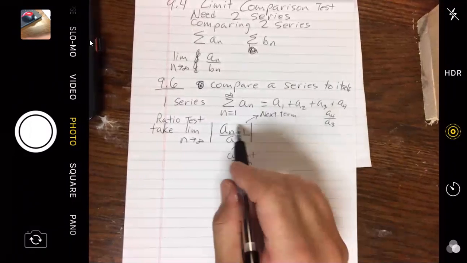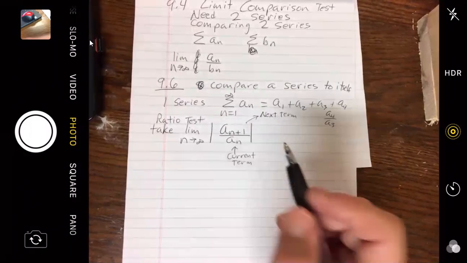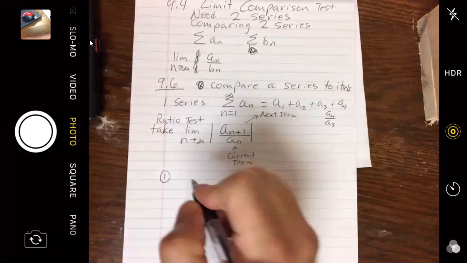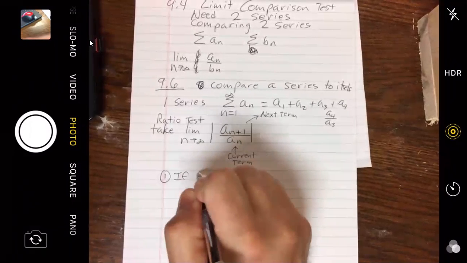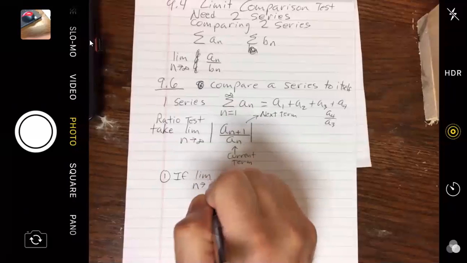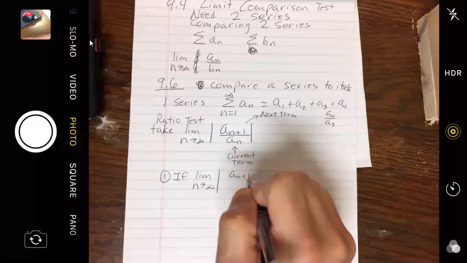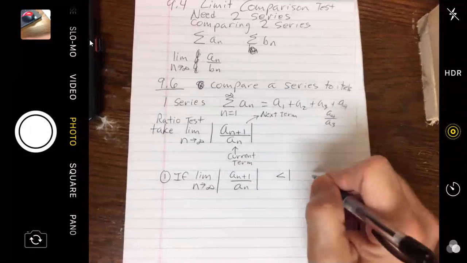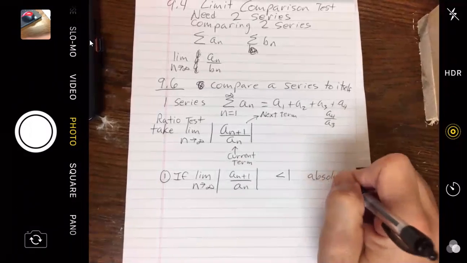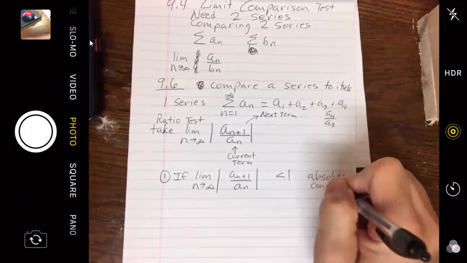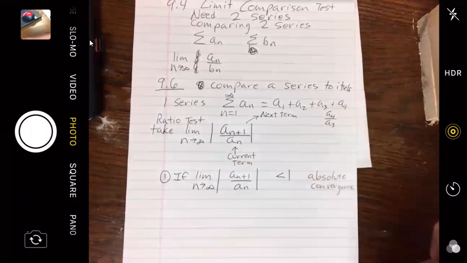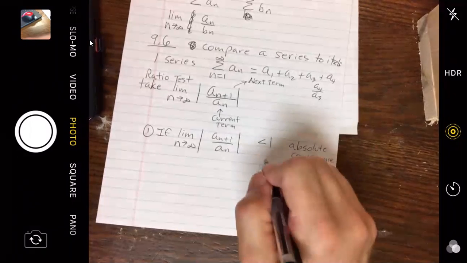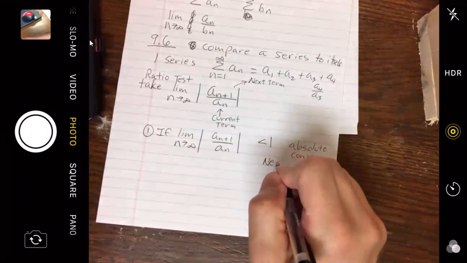When you take this limit, you can draw one of three conclusions. One, if this limit comes up less than 1, you have absolute convergence, because your next term is always smaller than your current term.